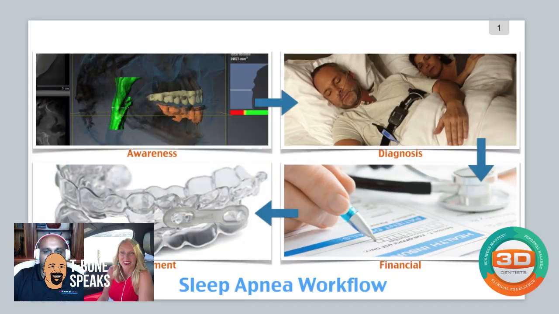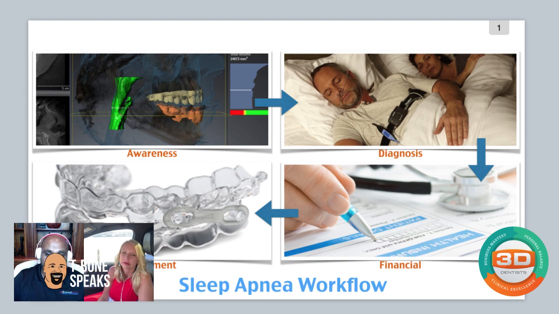I'm going to go ahead and share a screen here, and now you can see what we came up with, a 4-step process or workflow to helping your practice implement sleep apnea. What I've found over the years is that too often dentists are focused on the last step, which is treatment.